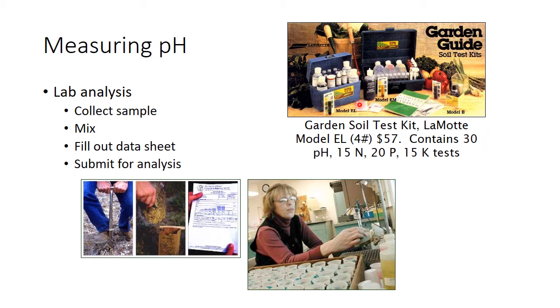These usually work by having you still make a slurry, but then most of them have you sprinkle some sort of powder on the soil slurry, and that powder will change color. Then you use some sort of color reference card to determine what pH the soil is. There are also soil pH strips that are also relatively expensive, and not quite as accurate as a pH test, but they do work.